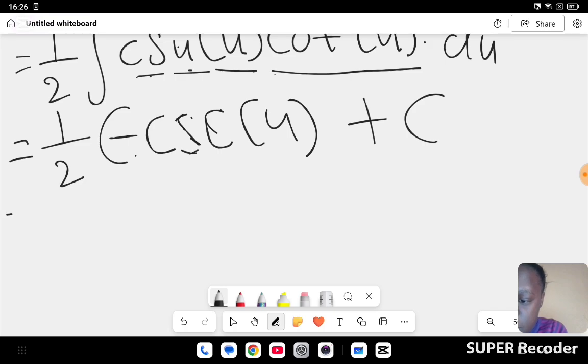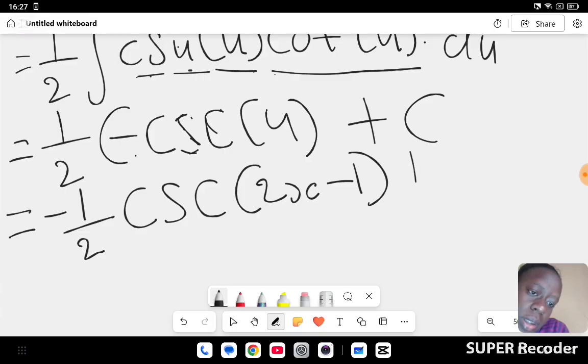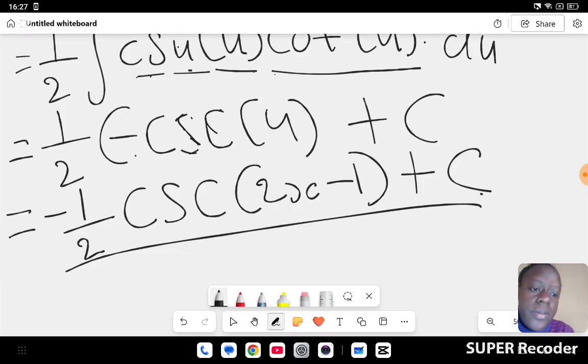And remember that we have to substitute u to its correct format of 2x minus 1 then plus c. This is our final answer.